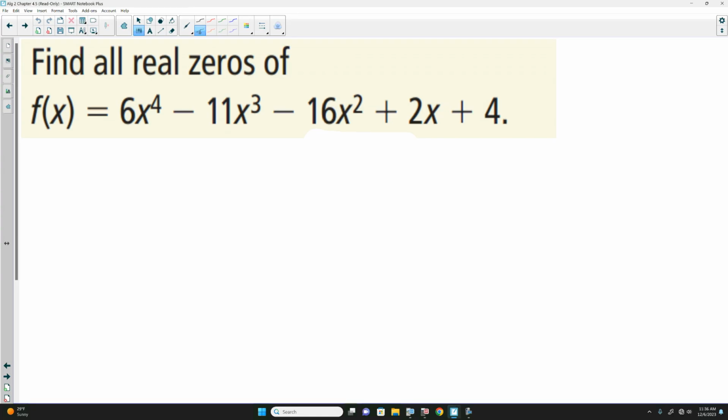So what we have to do next is to find our rational zeros, plus or minus p over q, where p is the factors of the constant term, and our constant term in this case is 4. Which ones are the factors of 4? 1 and 4, and the other factor is 2. 2 times 2 is 4.